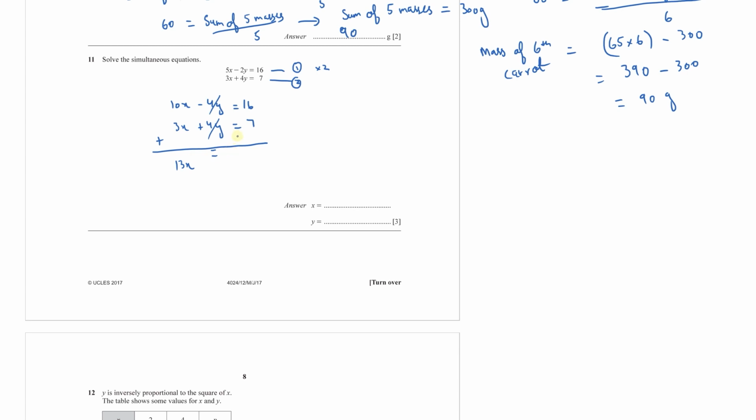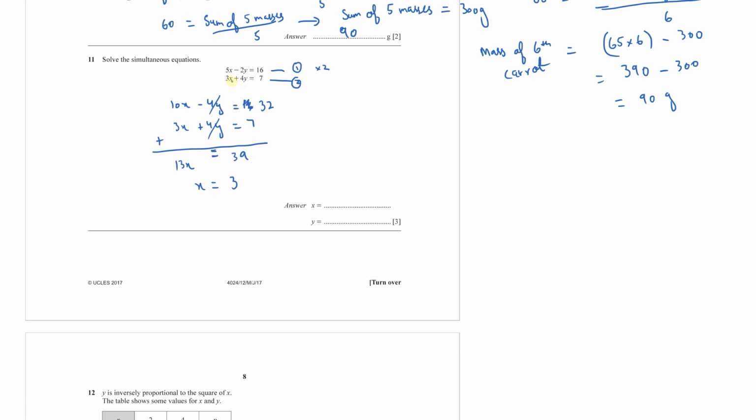Sorry, 16 times 2 is 32, because I'm multiplying the first equation by 2. So 32 plus 7 would give me 39, and then x would equal 3.